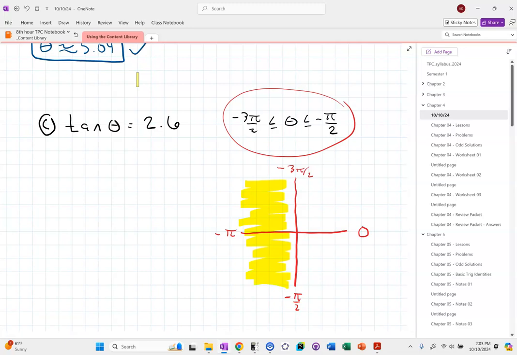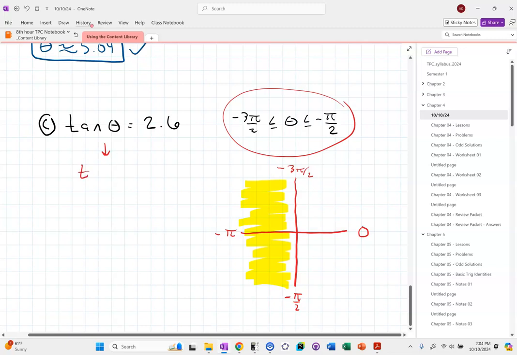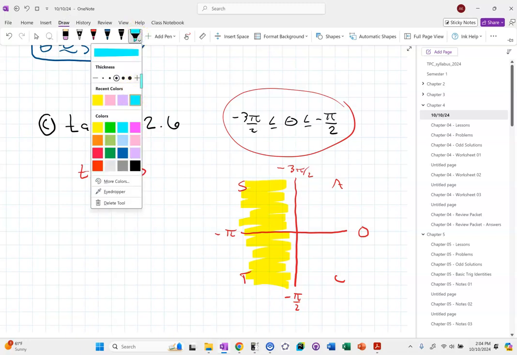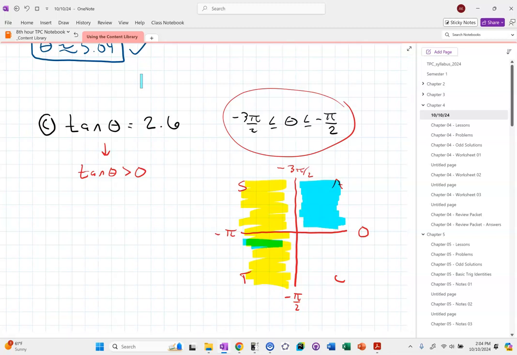So we're looking at quadrants 2 and 3. I observe that tangent is positive. So I know that we're either in quadrant 1 or 3.